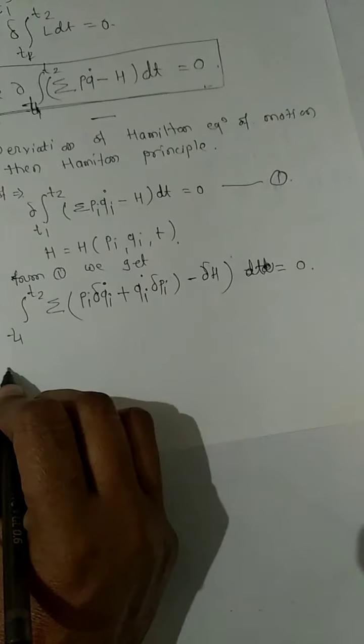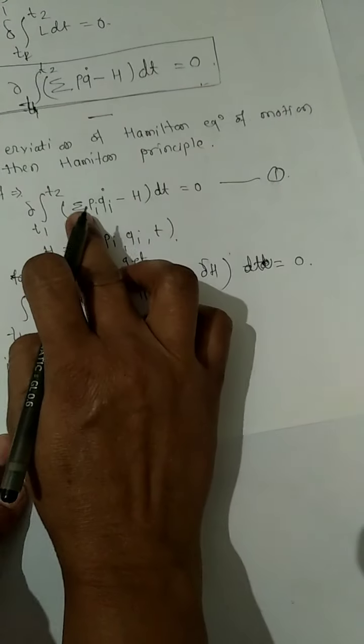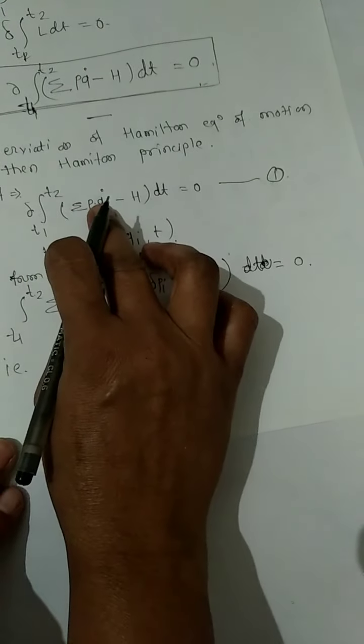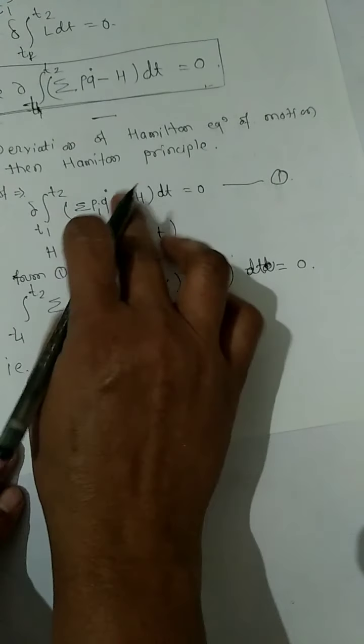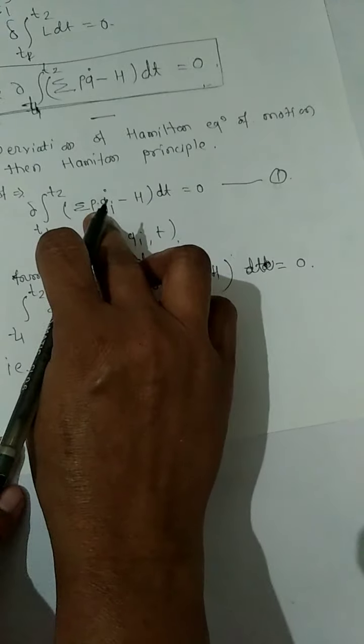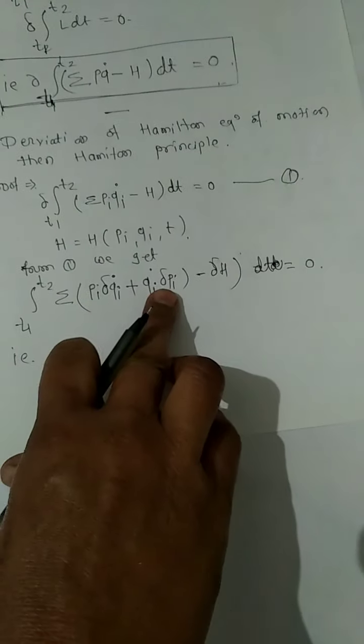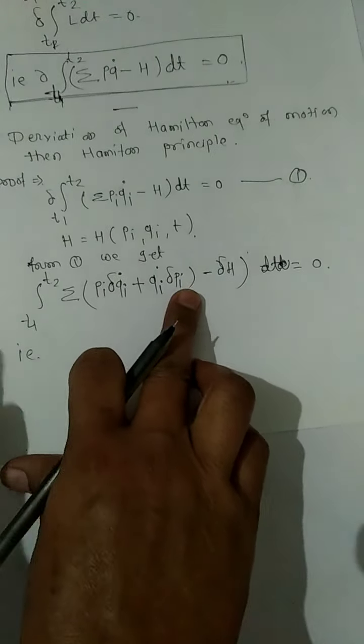And then the product rule is used: take the derivative of this function and separate the two terms. For the derivative of this product, the product rule gives first function into derivative of second plus second function into derivative of first.